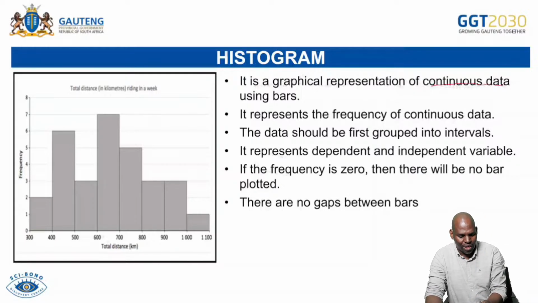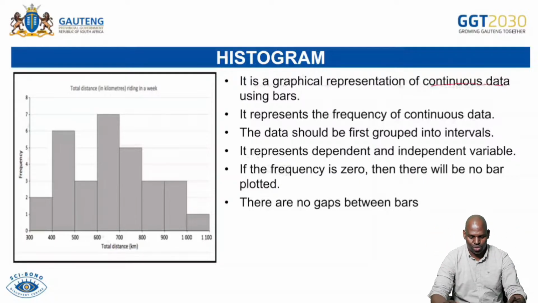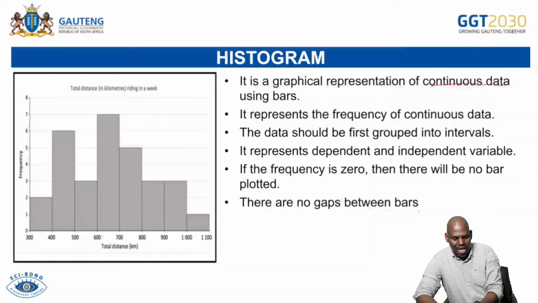But now what is very, very important with this one, remember that with a histogram, there are no spaces between the bars. There are no gaps between the bars. And this one is also very important.